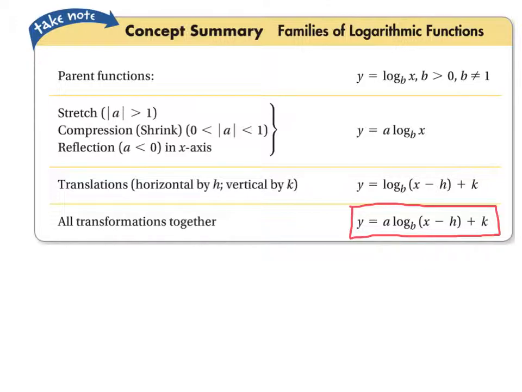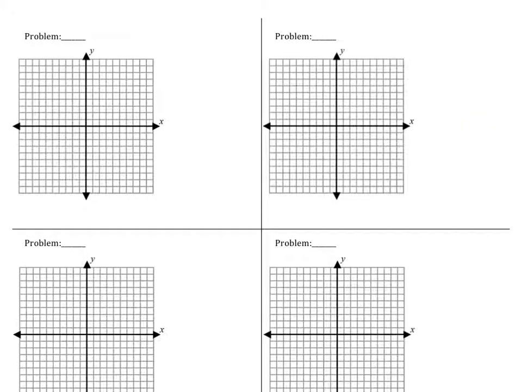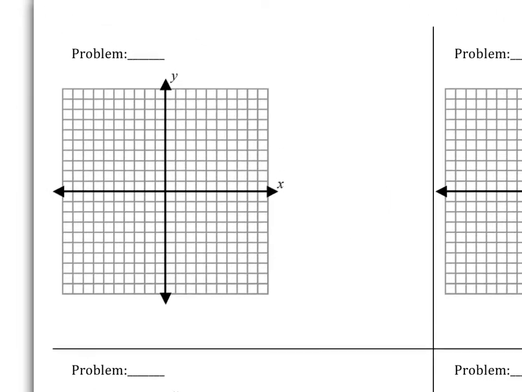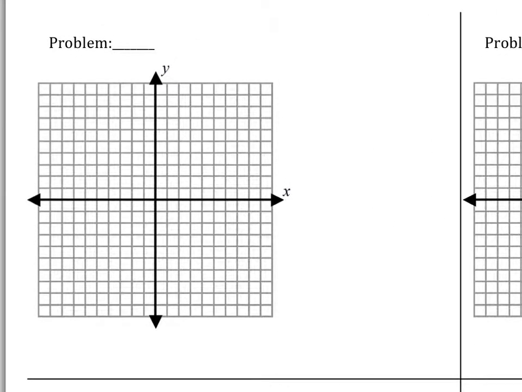So let's take a look at some shift. With logarithms, you have to be very careful about what is being shifted or how it's being shifted. For example, if I have y equals log base 2 of x plus 3.